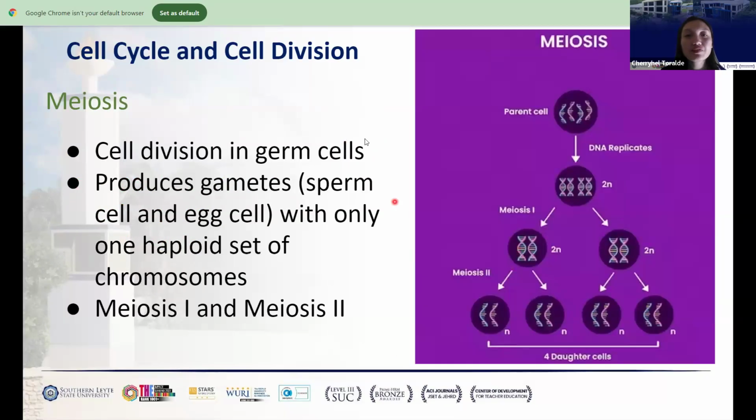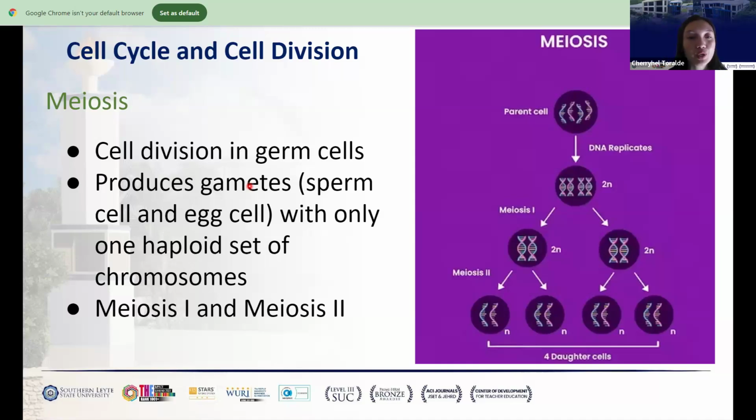Okay. For the last portion of the discussion, this is the second type of cell division, which is meiosis. So meiosis is the special type of cell division in germ cells. So meaning these are the cells that are actively dividing in your testes and ovaries to produce your sperm cells and egg cells, di ba?